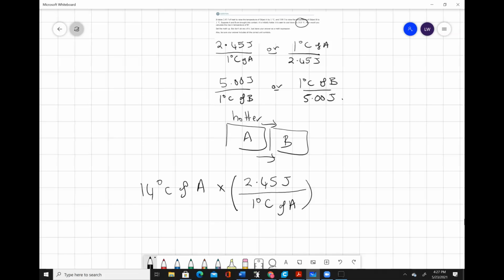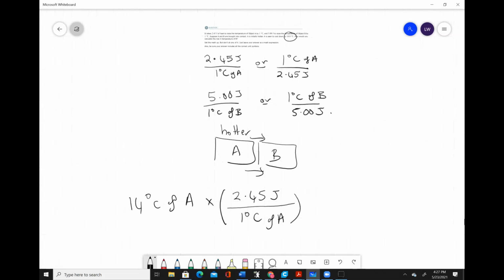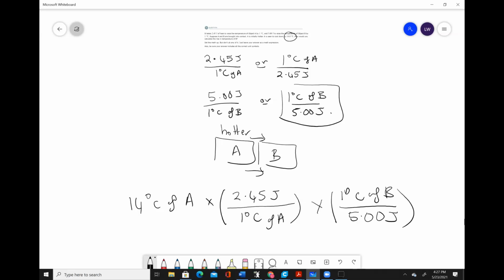Now where is that heat going? Well, it's going into B, right? It's going to go into B, and as it transfers into B, it's going to make the temperature go up. It's going to make the temperature go up according to this conversion factor, which says that the temperature of B will go up by 1 degree for every 5 joules of heat that you put in.